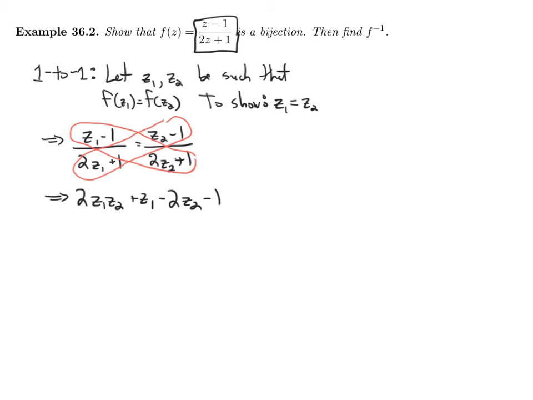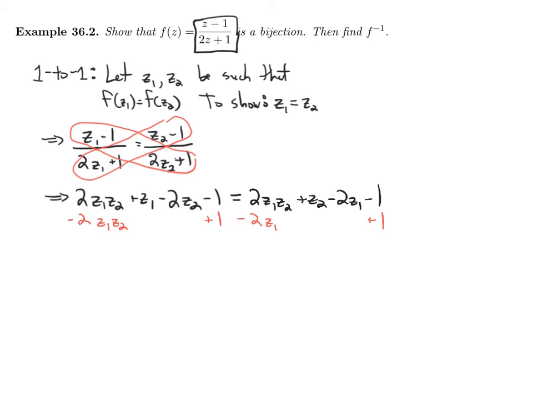Let's do the other multiplication. So this equals, again, I'll do this quickly, 2z1z2 plus z2 minus 2z1 minus 1. And let's clean up as much as we can. We have a 2z1z2 on both sides, and we have a minus 1 on both sides.